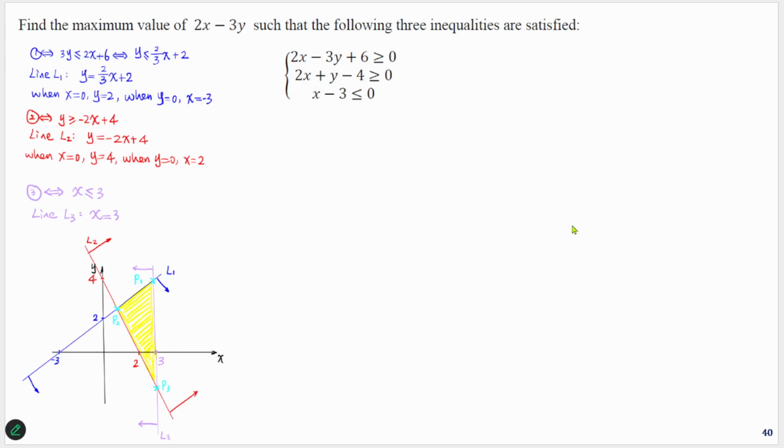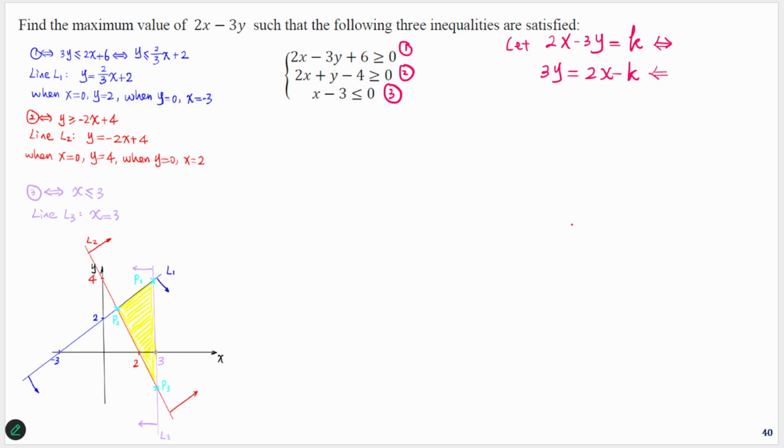Okay, we're here now. So from here, just follow me. We can let 2x minus 3y equal a number, let's say k. And this is actually a line, right? So this gives us 3y equals 2x minus k.